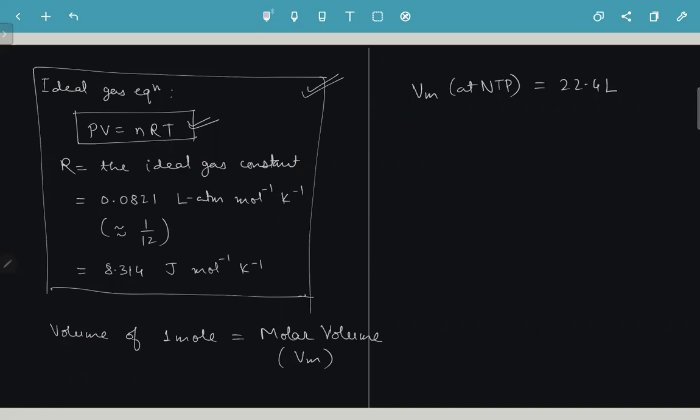Volume of 2 moles will be 2 into 22.4 liters. Volume of 3 moles will be 3 into 22.4 liters. This is the relation between number of moles of a gas and volume of a gas.